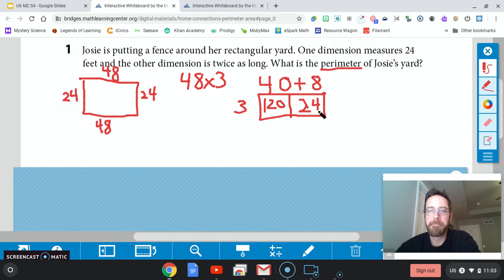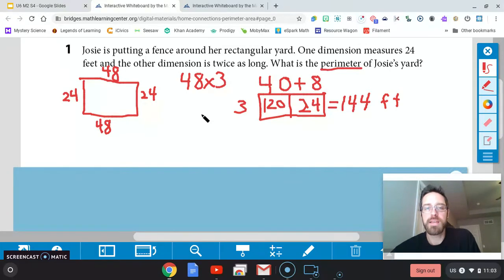So 120 plus 24 makes 144. So what is the perimeter of Josie's yard? It's 144 feet.